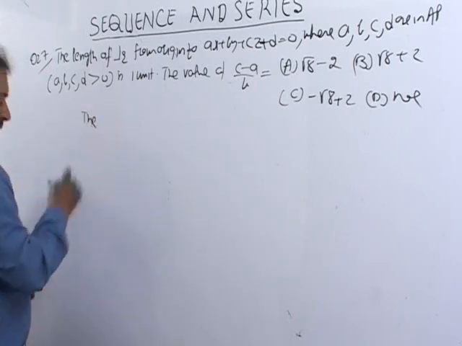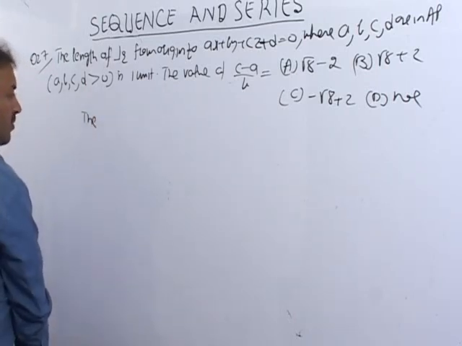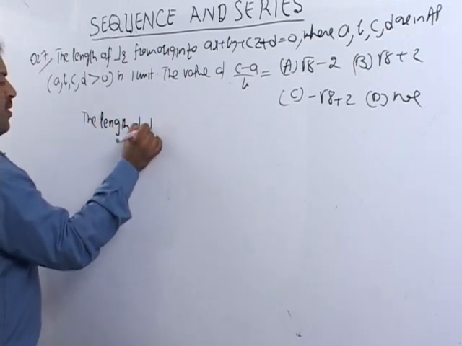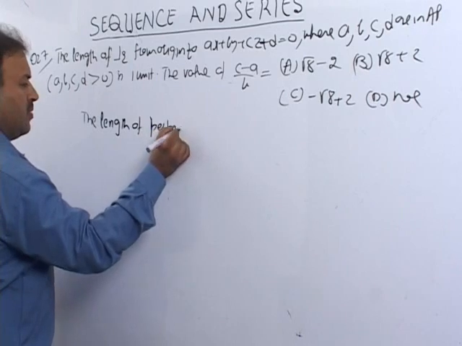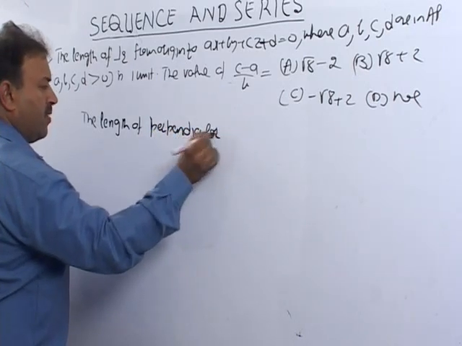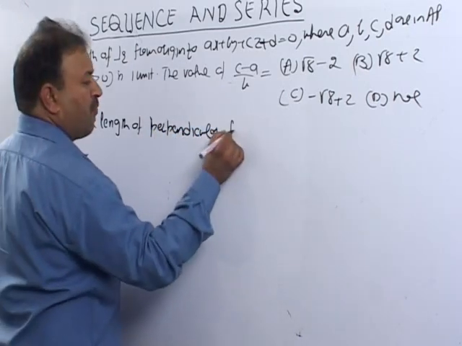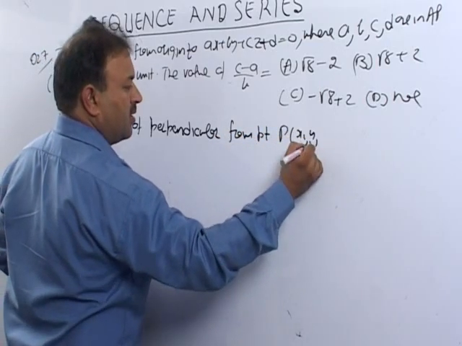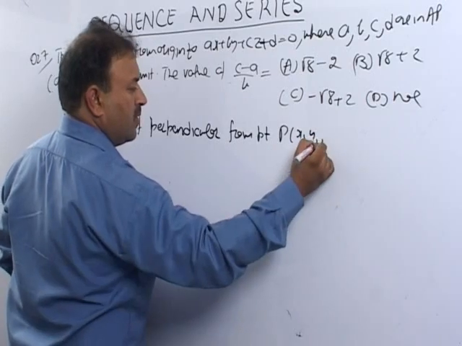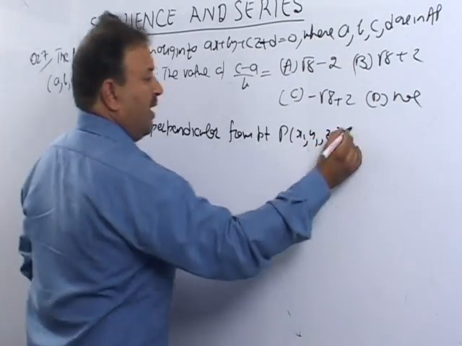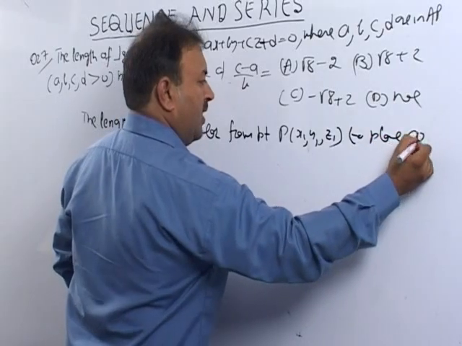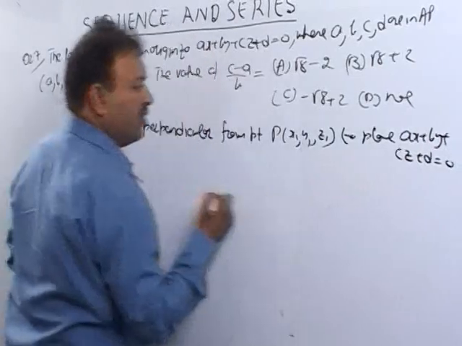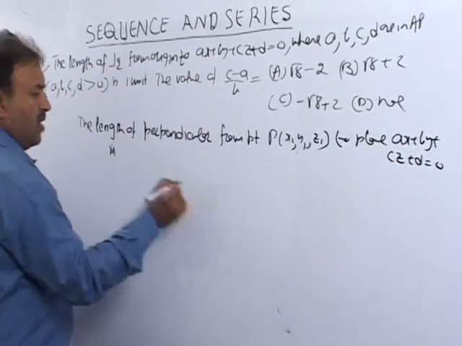So the length of perpendicular, the length of perpendicular from point P x1 y1 z1 to plane ax plus by plus cz plus d is equal to 0 is, हम क्या लेते हैं?